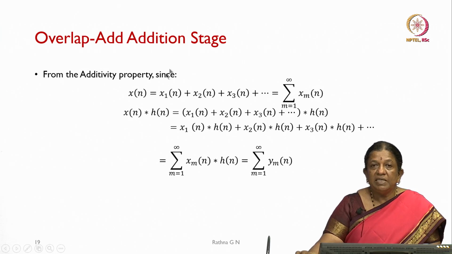Now we will see how we are going to do the overlap-add stage. From the additivity property, since x of n is equal to x1 of n plus x2 of n plus x3 of n, and you can go on, which is nothing but the sum over m from 1 to infinity of x_m of n. So, this is what we have for the convolution.